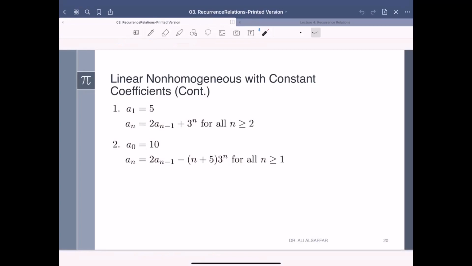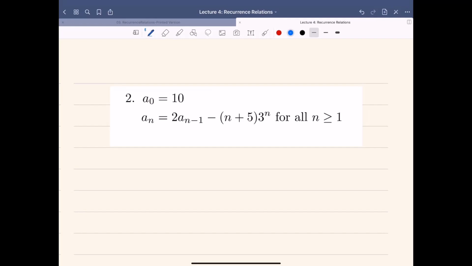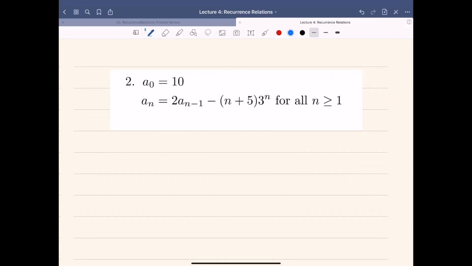Now we will solve the second question. In the next example, like what we have done before, we will rewrite the recurrence relation as a_n minus 2a_(n-1) is equal to (minus n plus 5) multiplied by 3 raised to power n.